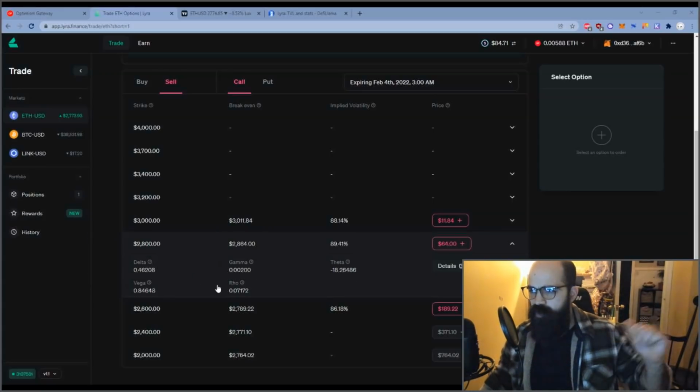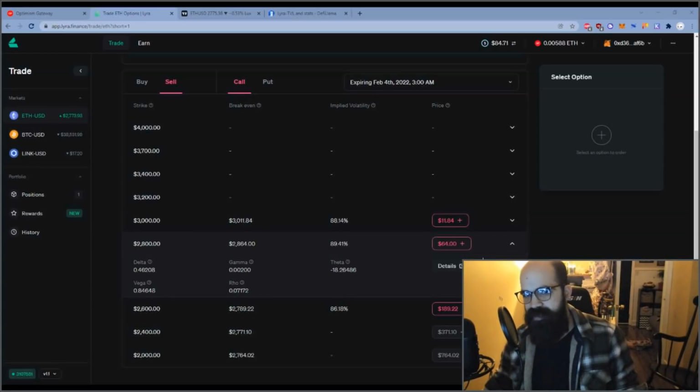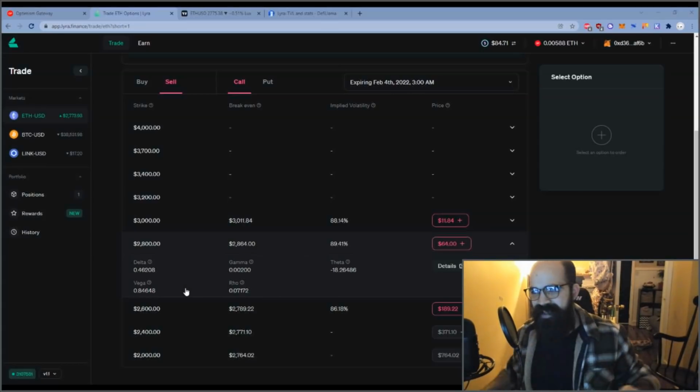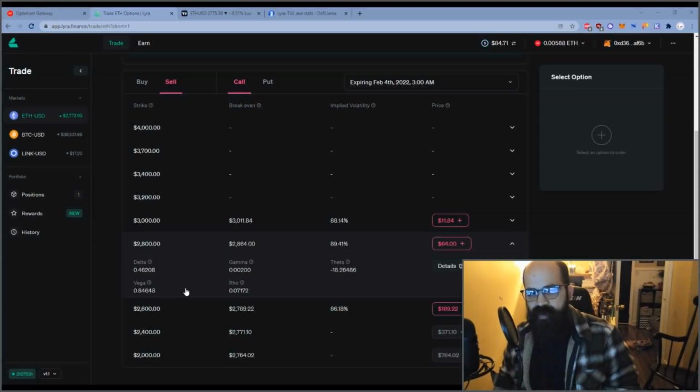Now, as a rule of thumb, if you wish to keep your underlying asset, Ethereum, and you wish to get the premium, you generally want to go for a delta that's 0.3 or less. I'm not going to go over all of the Greeks, because this isn't an overview of what options are and how we understand them. This is simply an overview of the Lyra protocol.